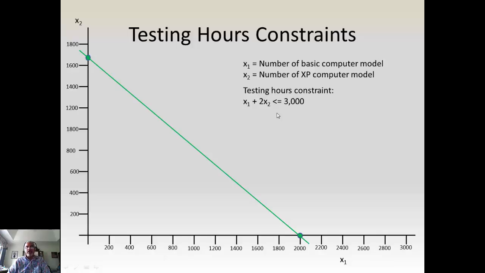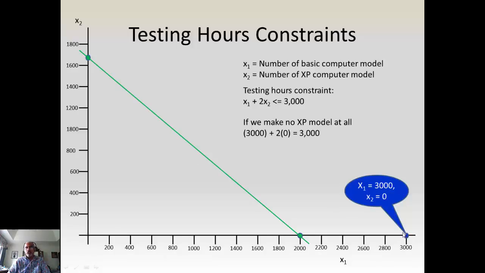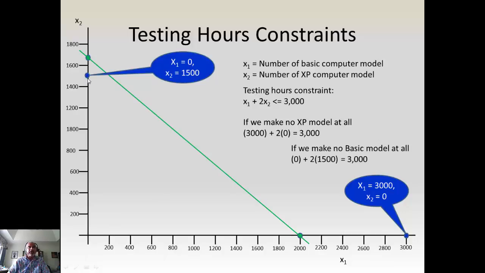Not producing any XP at all would give you x sub 2 as 0 and x sub 1 as 3000. So that's 1 point. And then set x sub 1 to 0, then x sub 2 will be 1500. So that's that point. Now connect these two.